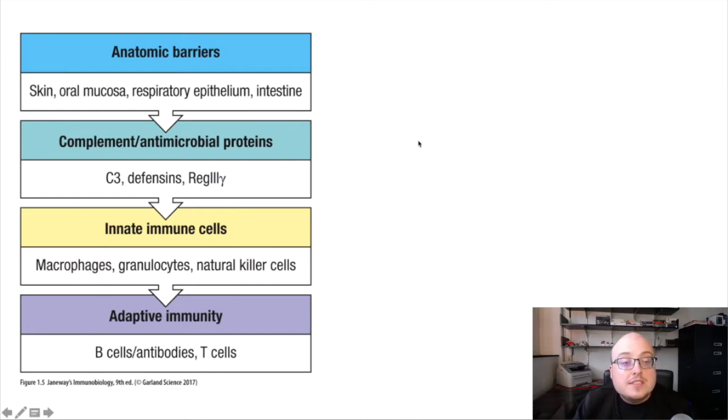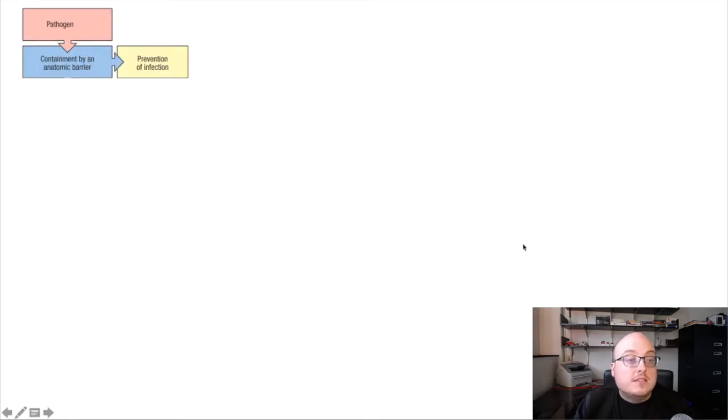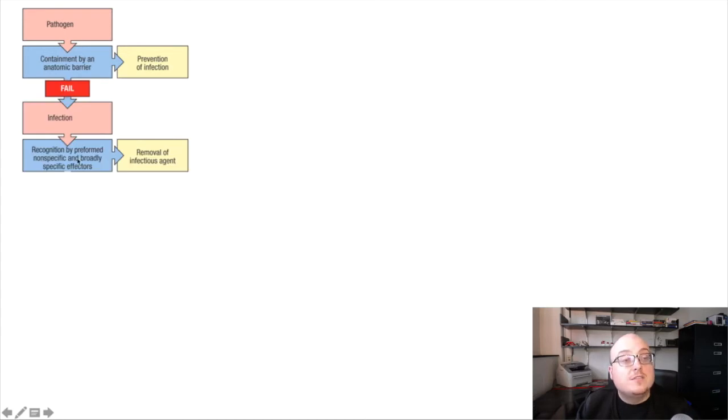So your book breaks down these steps in a way that I think is actually really helpful to think about the way this happens. And basically, this is a checkpoint system. So if we start with infection with a pathogen, normally we would contain that infection by exclusion by an anatomical barrier. If the barrier is successful, we have prevention of infection. But if that barrier fails, we have instead the establishment of infection.